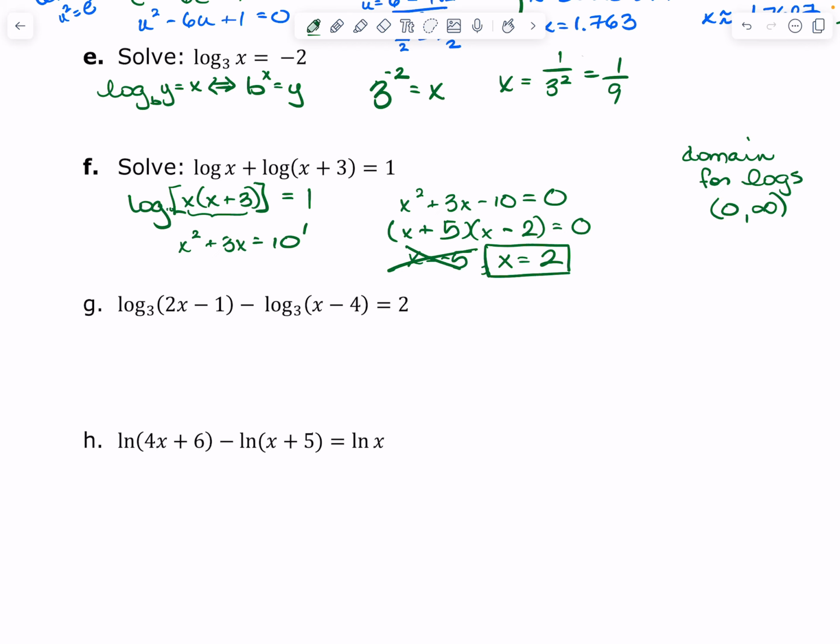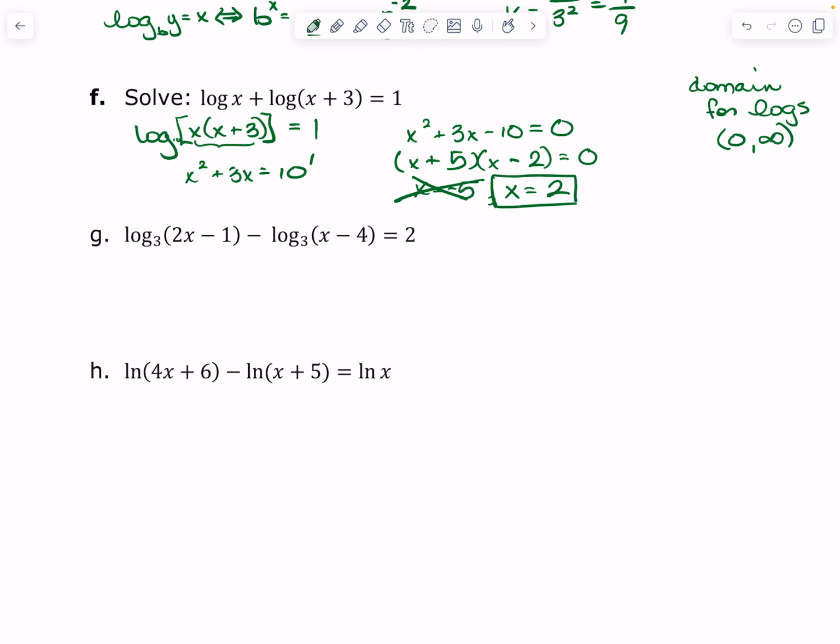Right? Same thing here on the next one. I got log base 3 of 2x minus 1 minus log base 3 of x minus 4. I'm going to rewrite those as the quotient. Only have that single log on the left-hand side, so I can rewrite this. I can multiply both sides by x minus 4, so I get that out of the denominator.